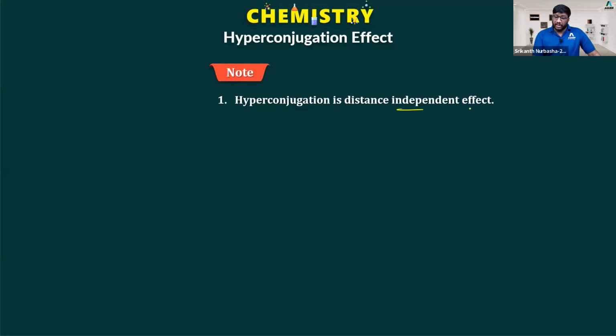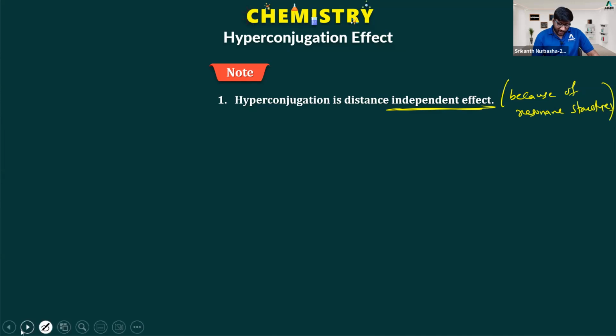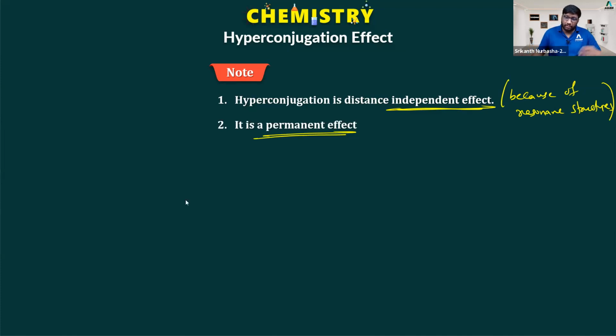Hyperconjugation is distance independent because it is because of resonance structures, that is, hyperconjugated resonating structures. It is a permanent effect. It is not because of the presence of some molecule; it is because of the movement of sigma C-H electron densities.